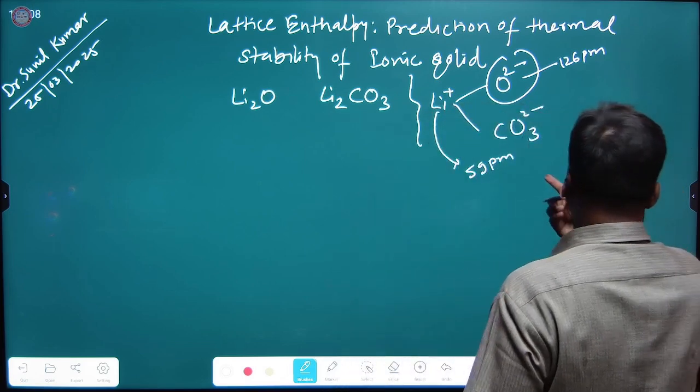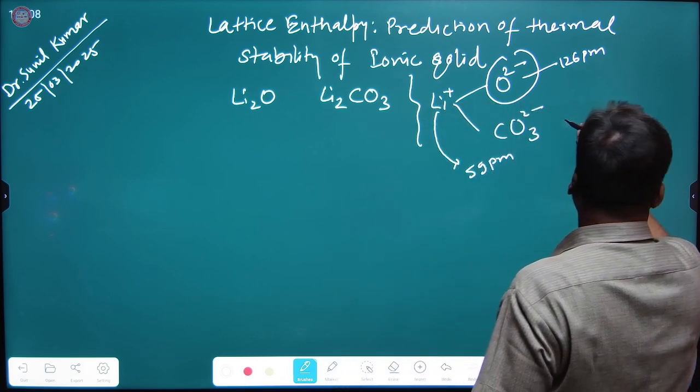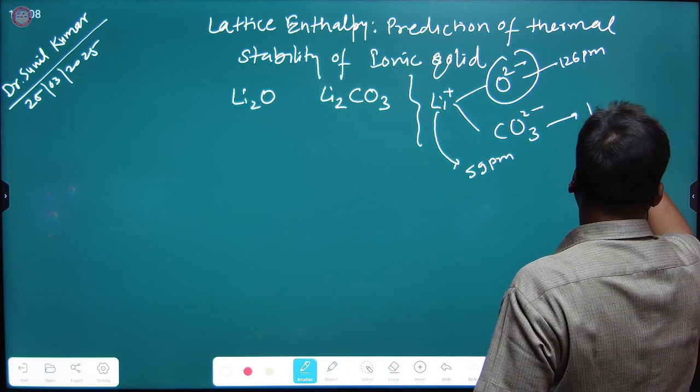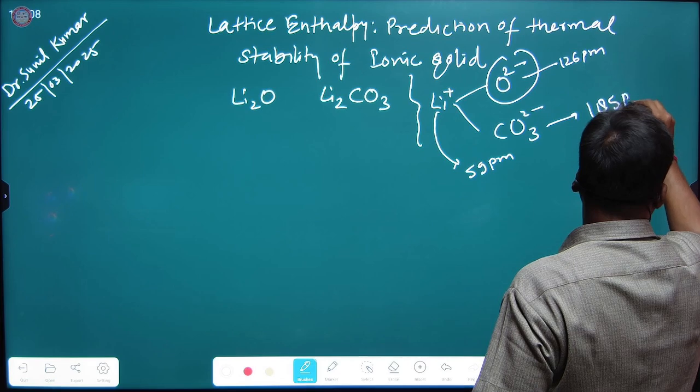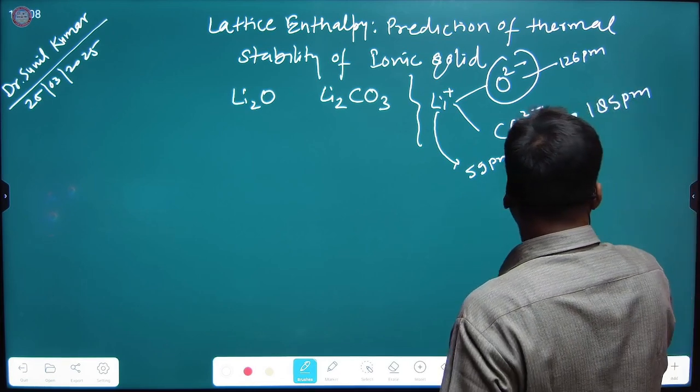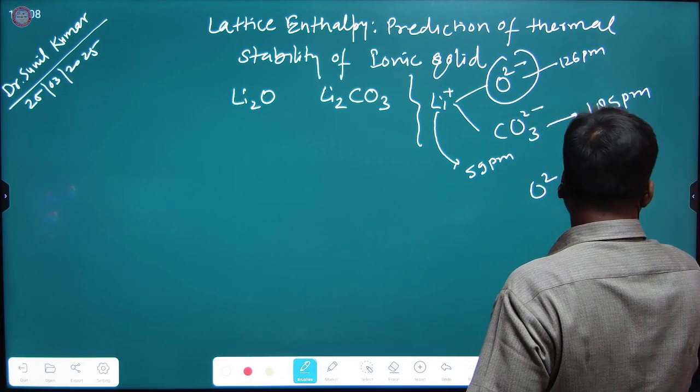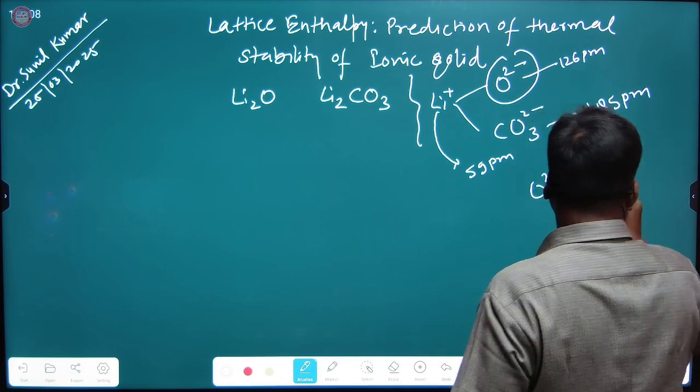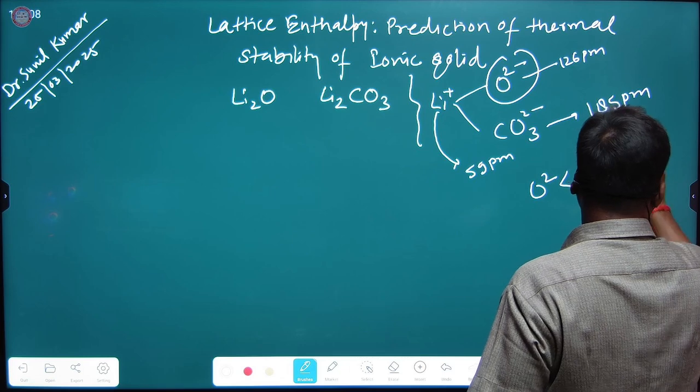And the carbonate ion possesses an ionic radius of 185 picometer, which means the oxide ion is smaller than the carbonate ion.